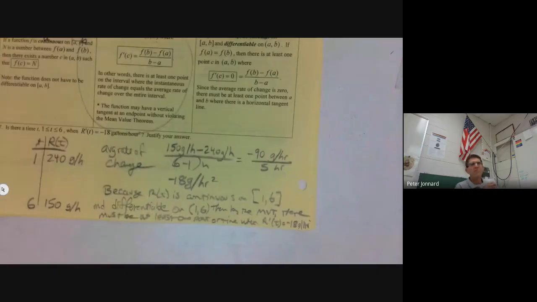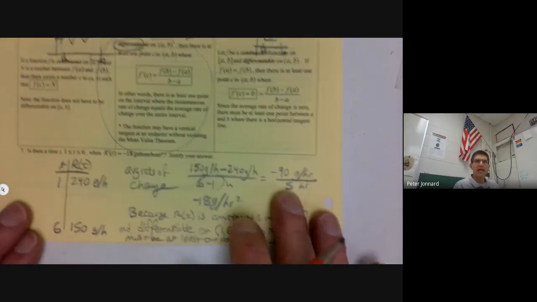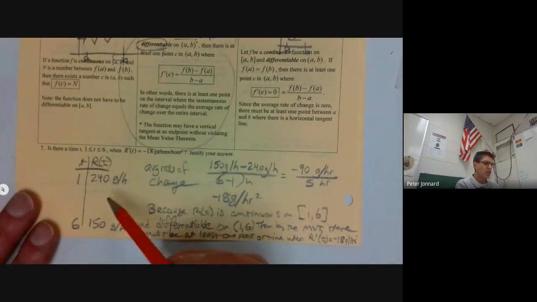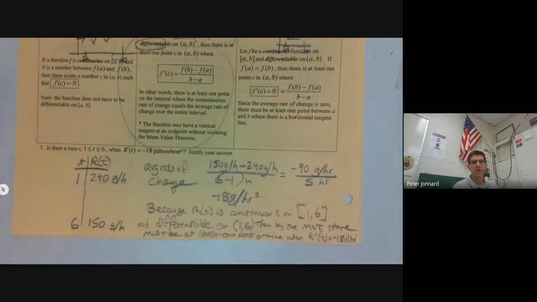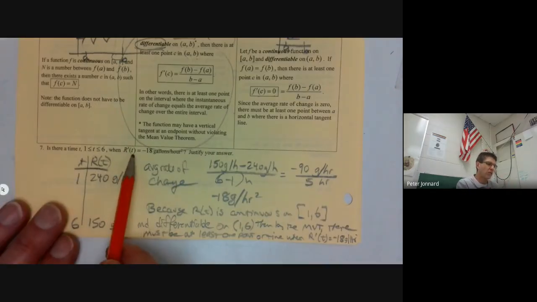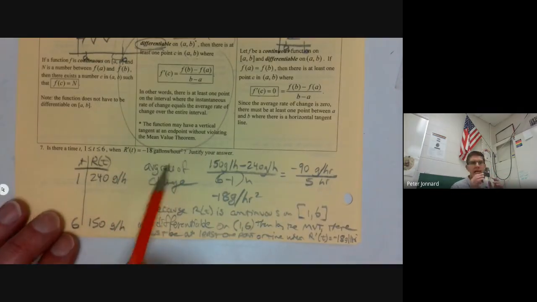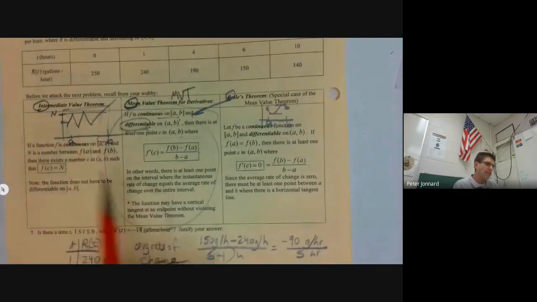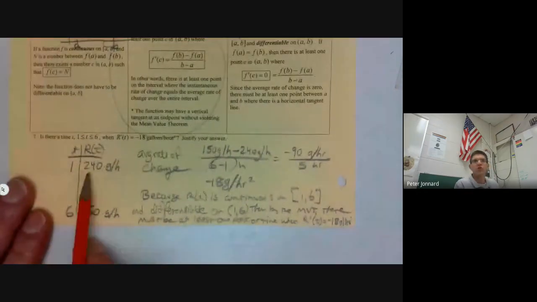The intermediate value theorem between 1 and 6 would only guarantee that somewhere the rate is between 240 and 150. So if they ask, is there a time when R of t equals 200 gallons an hour, you would say absolutely, by the intermediate value theorem, there must be at least one point where it's 200.